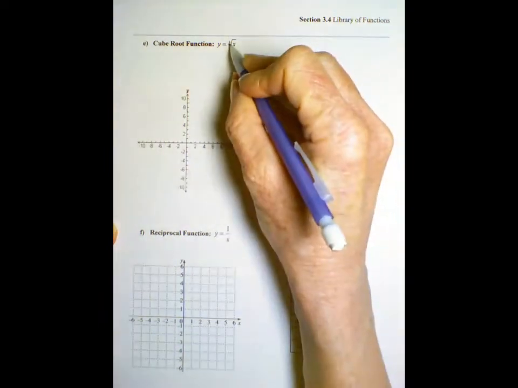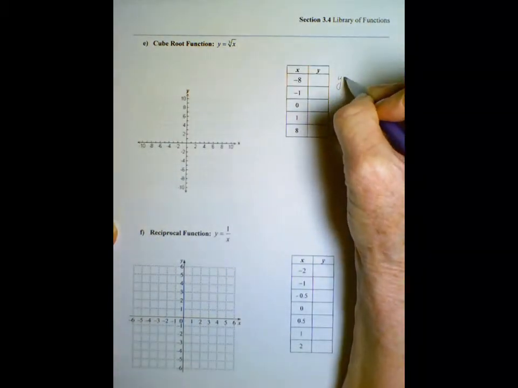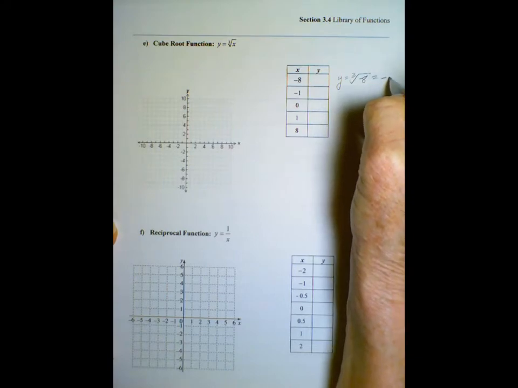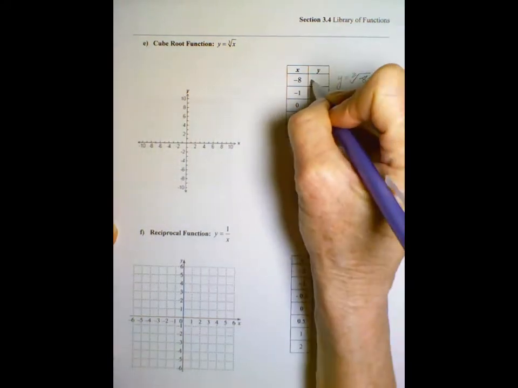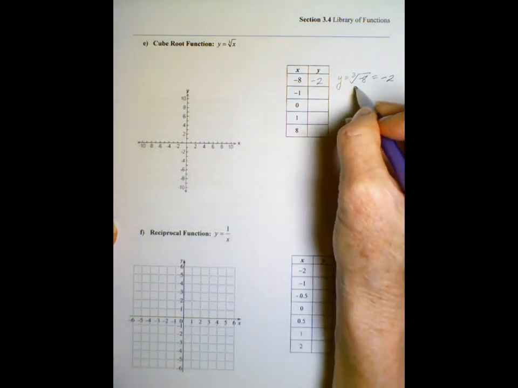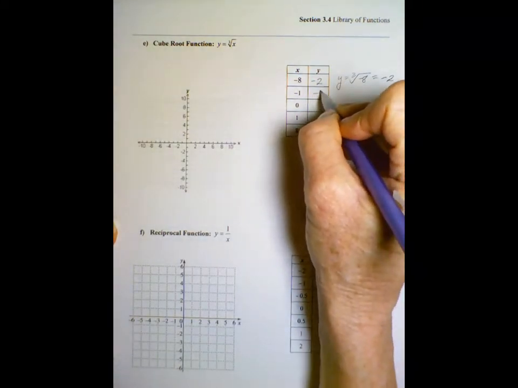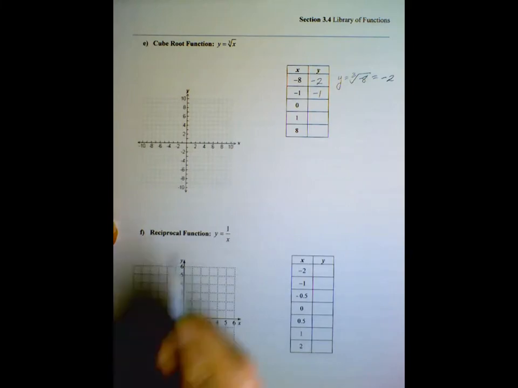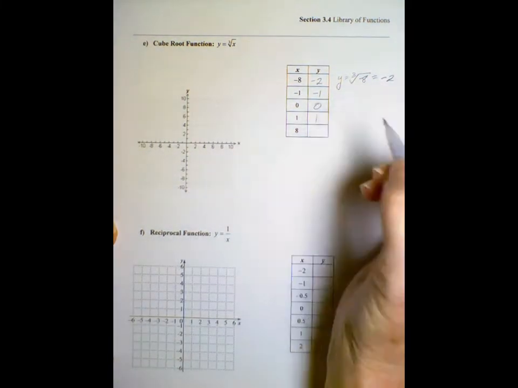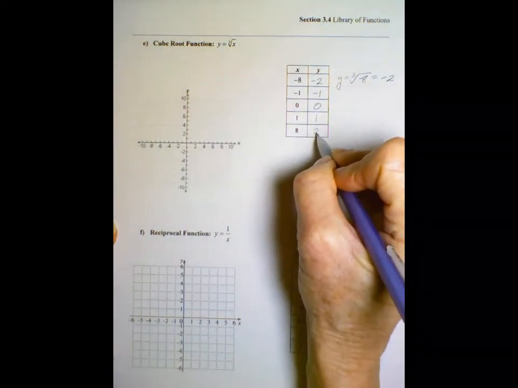It's an odd root, so y is the cube root of -8. Use your calculator if you want to be sure, but that's -2. And the cube root of -1 would be -1. The cube root of 0 would be 0. The cube root of 1 would be 1. And the cube root of 8 would be 2.